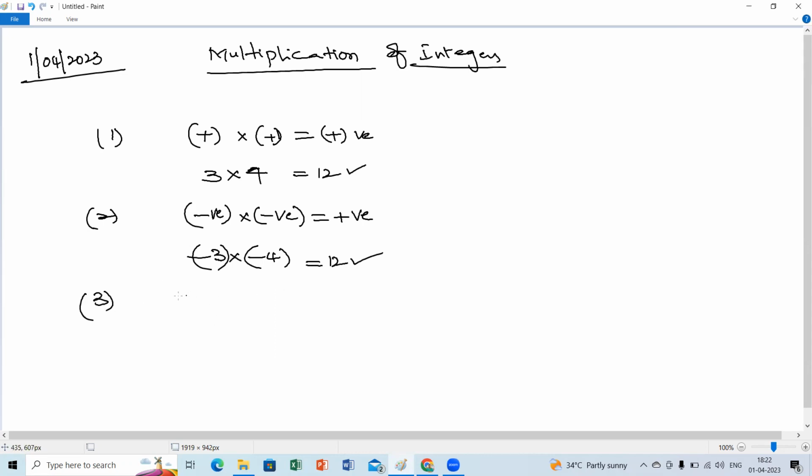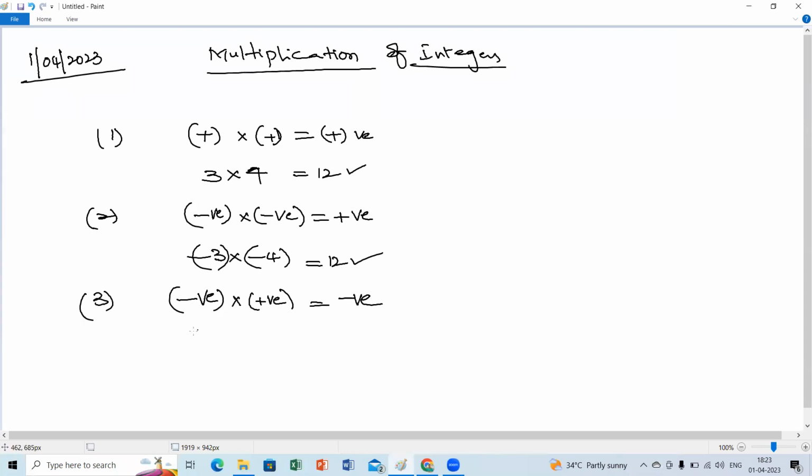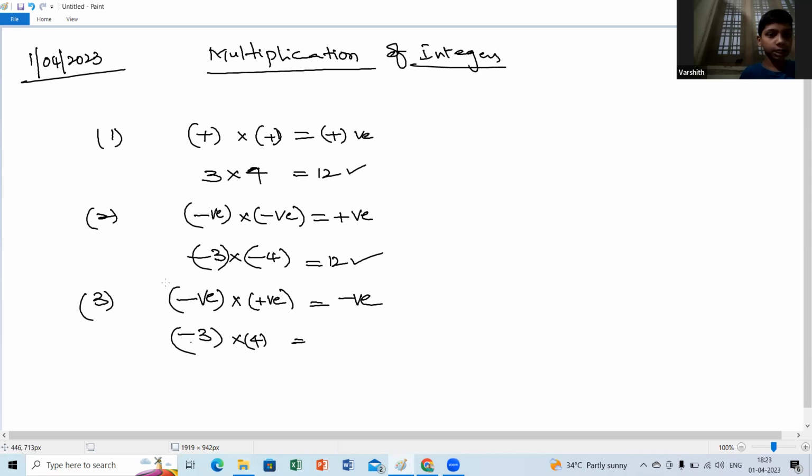Now, one is negative and another one is positive. If you multiply these opposite signs, what do you get? Ma'am, negative. Very good, it's negative. So -3 multiplied with positive 4 is -12. Wonderful.